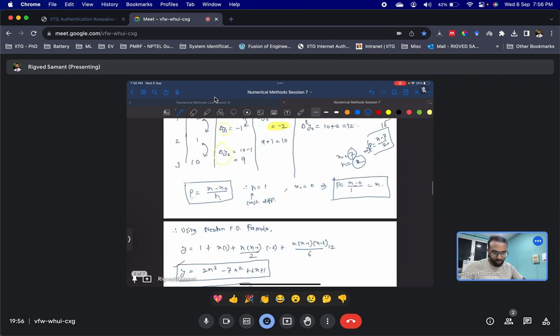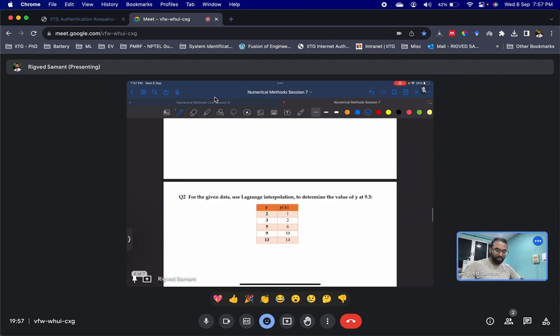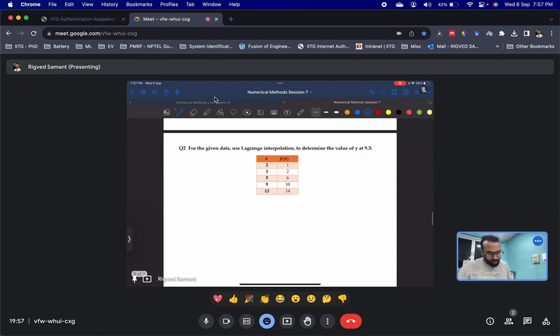Now we will move on to the next one, when the difference is not constant. If you see the x values here, in the first two there is a difference of 1, from 3 to 5 there is a difference of 2, 5 and 9 there is a difference of 4, 9 to 13 there is a difference of 4.